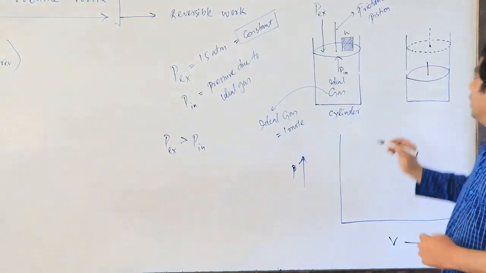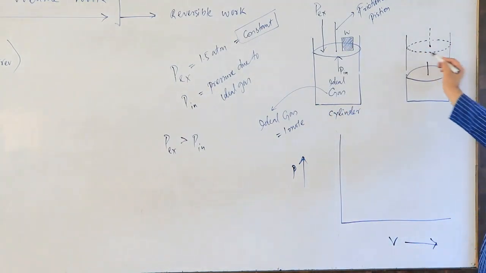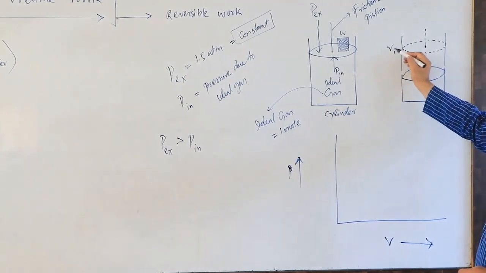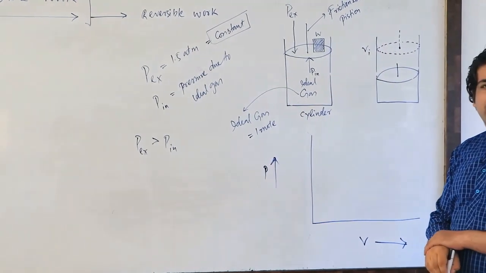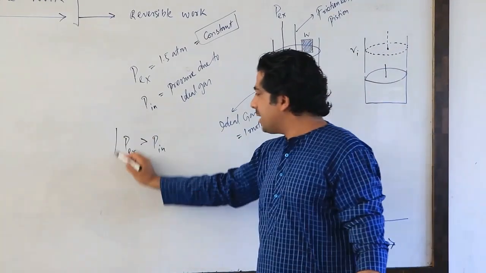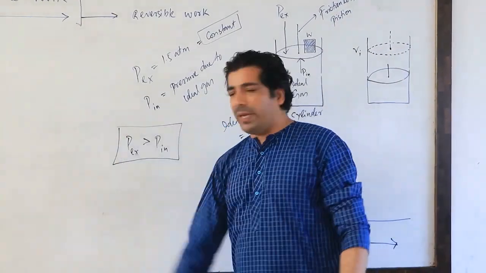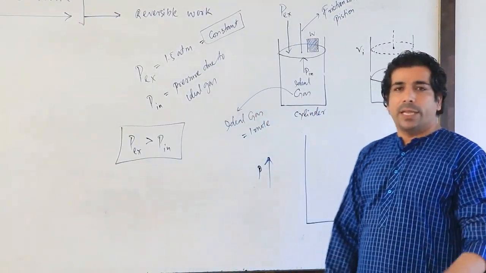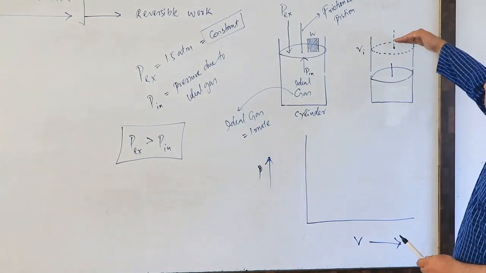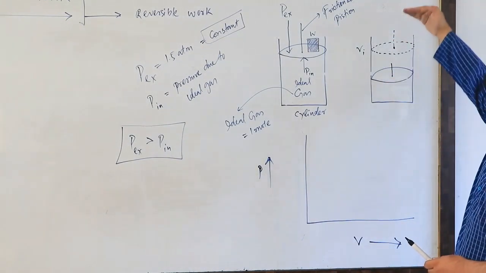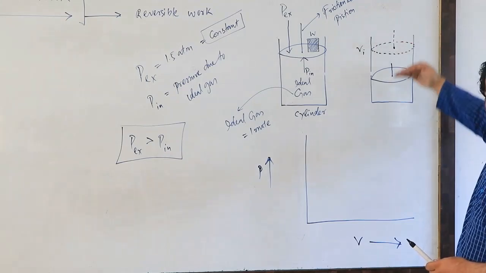Have a look here. Let us suppose this was the initial position of the piston and the volume here will be Vi, the initial volume. And we know that P external is greater than P internal. Then what happens? The piston will move down. It will do the work on the ideal gas.